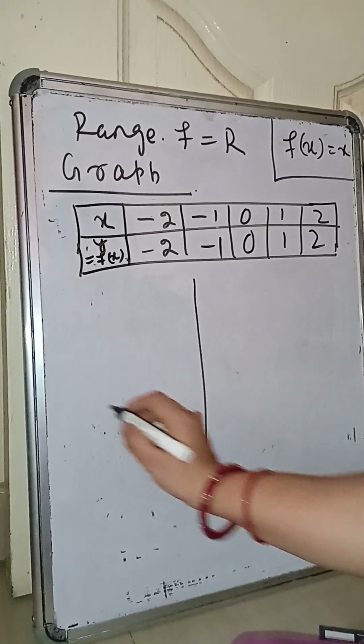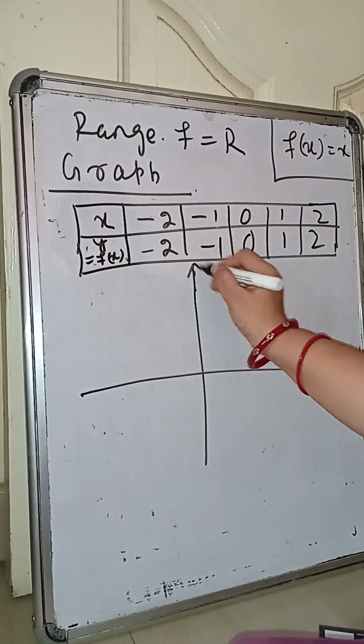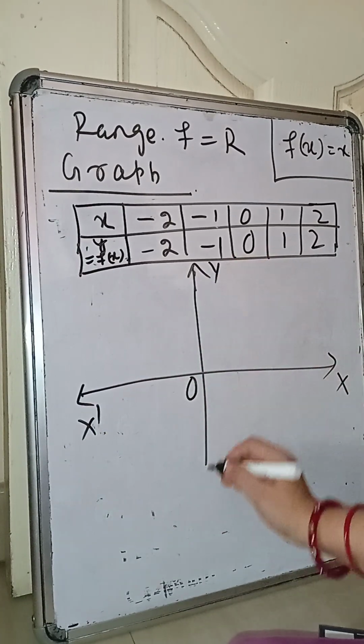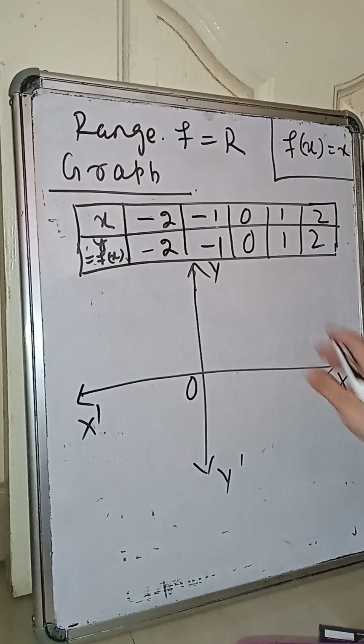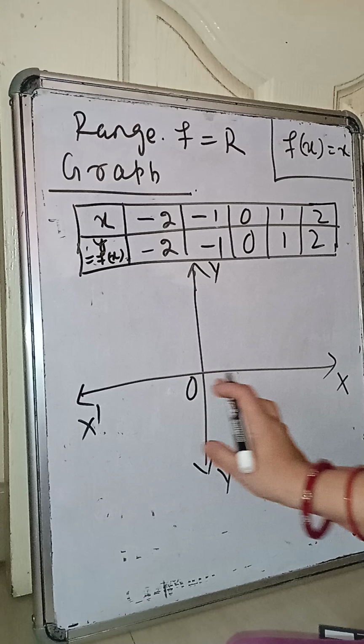So let us draw the Cartesian plane, considering your x-axis. This is your x, so x dash, y, o, y dash. Let us take the positive values of x, which lie to the right side of the origin.